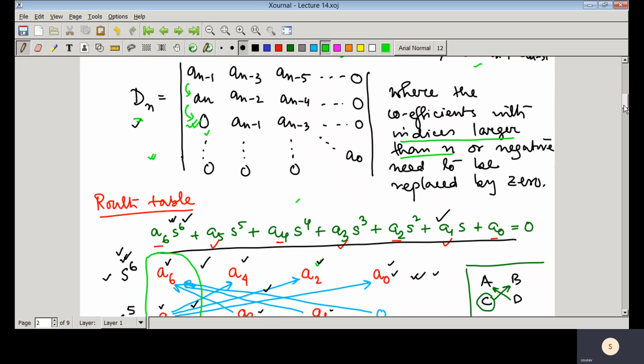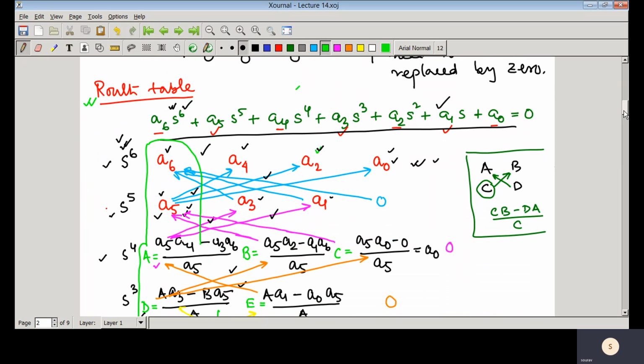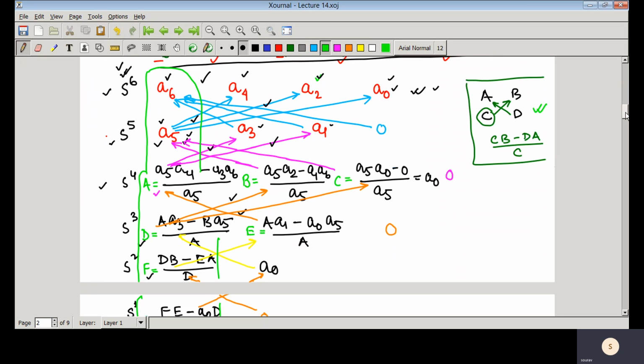So then Routh proposed one method, the tabular method. It says that if we form a table following this particular multiplication method that we have shown here, and look into the first column of that table, the number of changes of sign indicates the number of roots in the right half of the S plane.